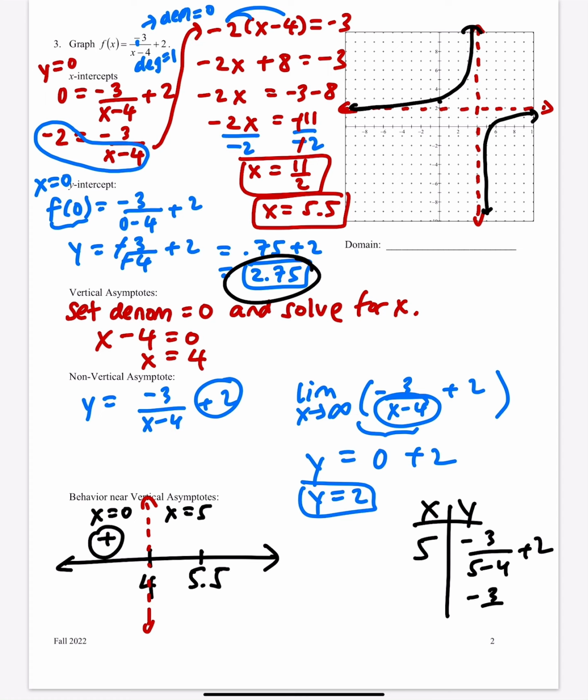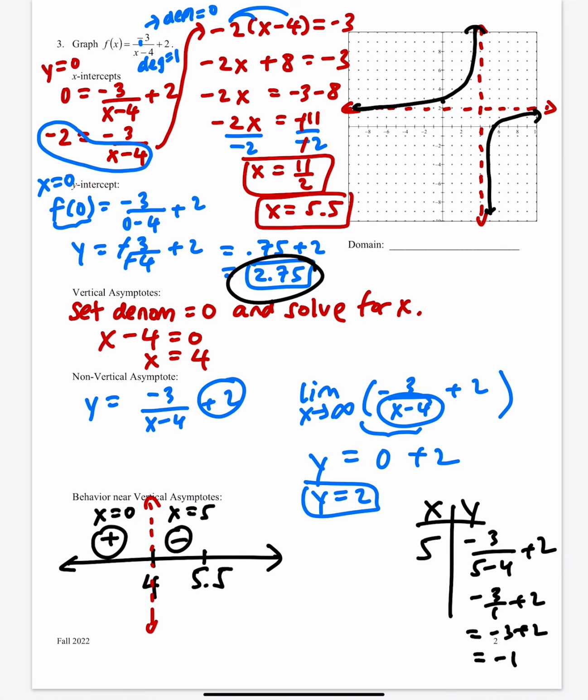So we have negative 3 over 1 plus 2, which is like saying negative 3 plus 2, which is negative 1. So we know that to the right of 4, up to 5.5, it is negative. So that means that the limit as x goes to 4 from the left is positive infinity.